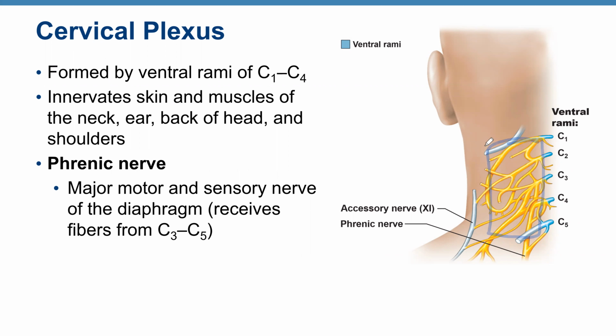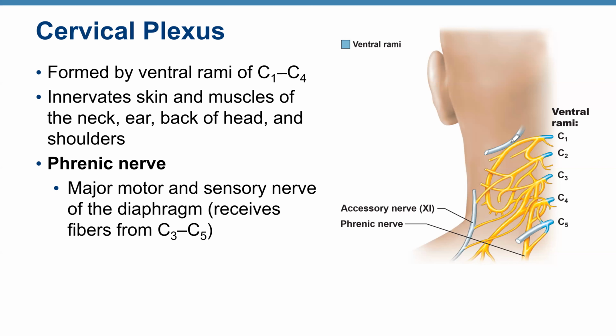That's what a plexus is. This plexus then has nerves that originate from it, and those are peripheral nerves, right? So we have the spinal nerve first, then the ventral ramus, then plexuses, and then peripheral nerves.